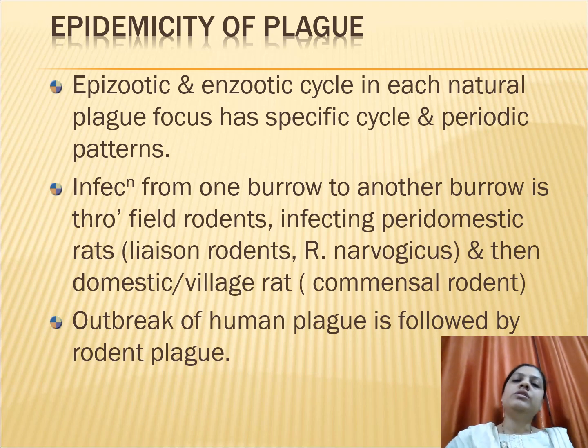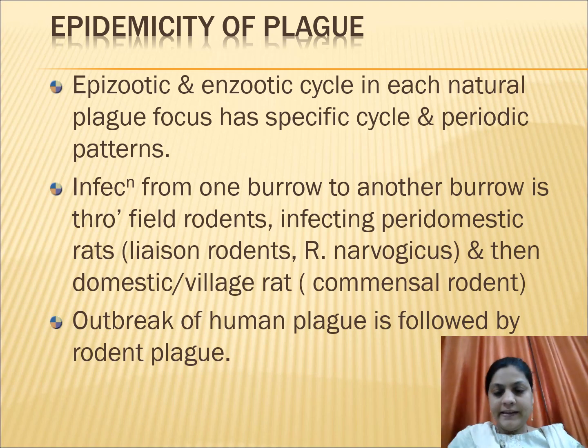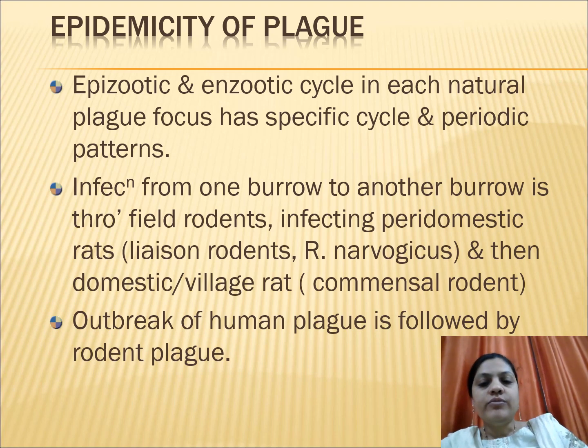The epizootic and enzootic cycle in each natural plague focus has specific cycle and periodic patterns. Infection from one burrow to another burrow is through the field rodents, infecting peridomestic rats. There are the wild rodents, and then the domestic or village rats, that is the commensal rodents.